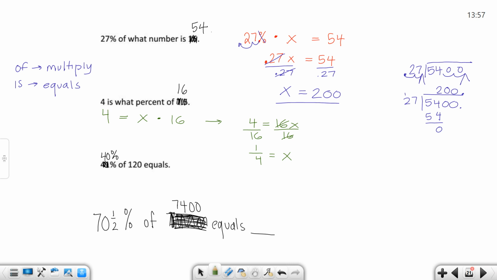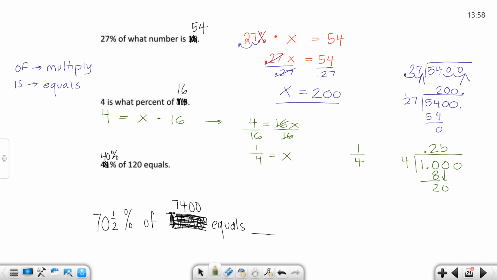Now, it asks you what percent. Well, 1/4 is a fraction, right? So we need to change that fraction to a percent. So to change it to a percent, I'll divide 4 into 1 using long division. 4 goes into 10 2 times.